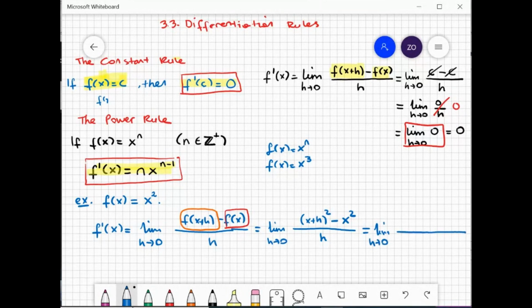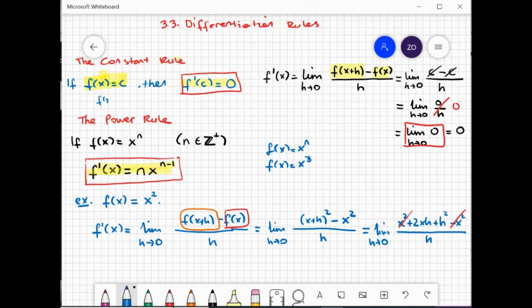And we did a similar problem, in fact, in the beginning of this lecture. So how do we square x plus h again? It's going to be x squared plus 2 times x times h plus h squared. And we have x squared in the numerator divided by h. So what cancels out? X squared and x squared cancel out.